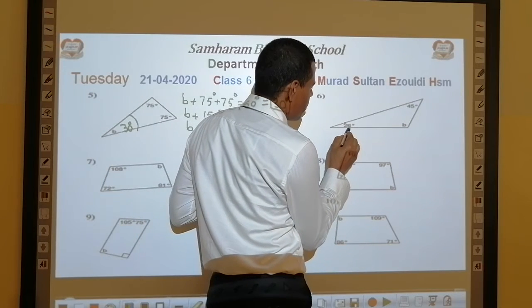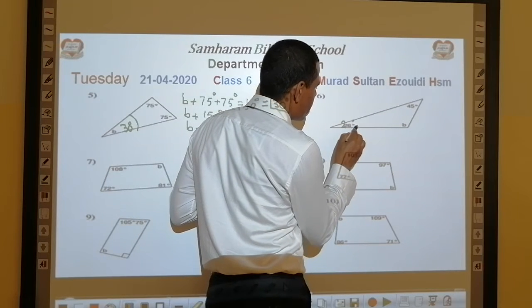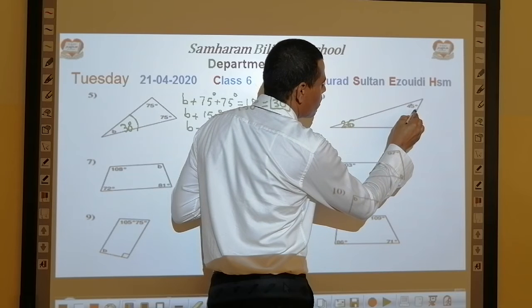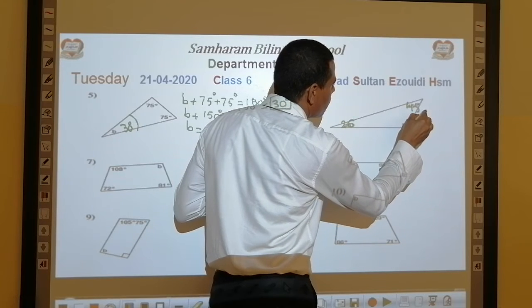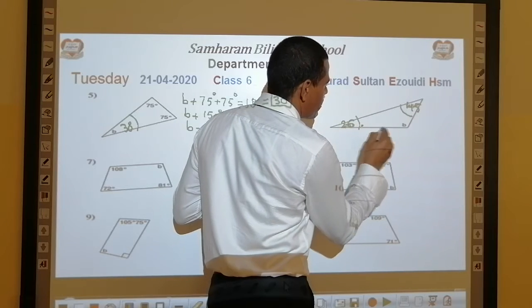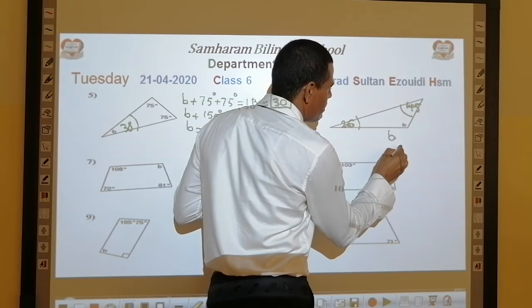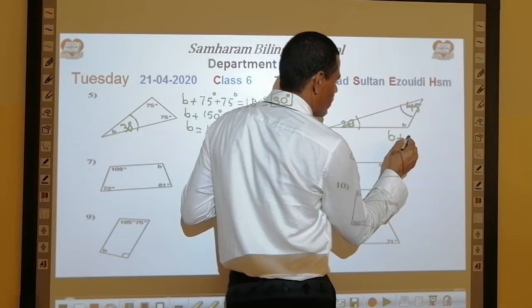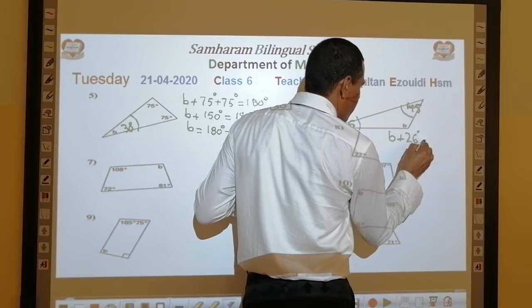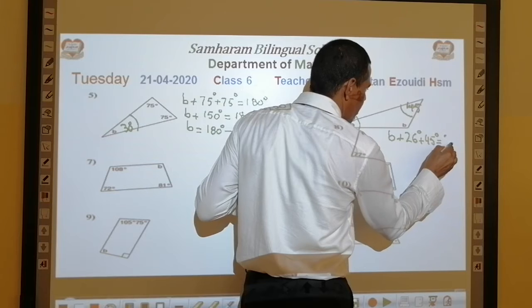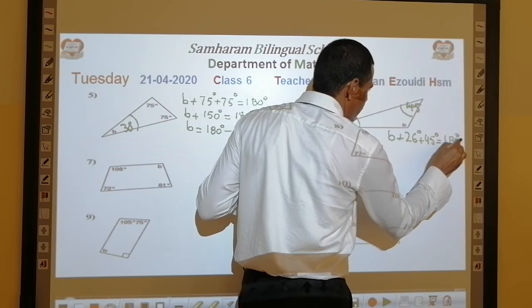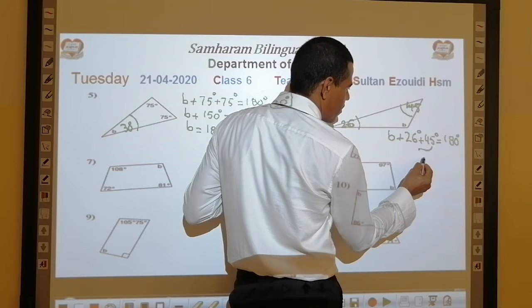Okay, the next one. We have, this is 26. This is 45. So I will just make what? B plus 26 degrees plus 45 degrees equal 180. Good boy. I will add all of this first.